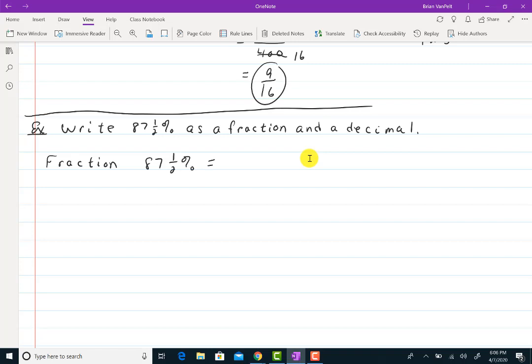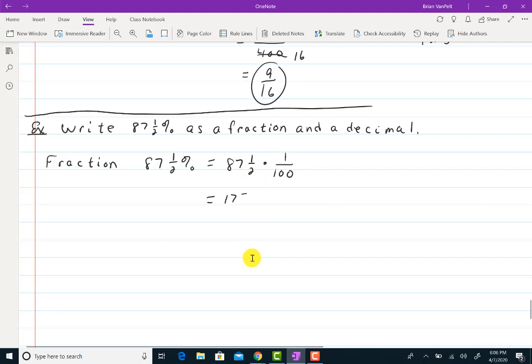So this 87.5%, I would think of it as 87.5 times, so the 1% was equal to 1 over 100. And then what I'm going to do is convert this 87.5 to a fraction. Multiply 2 times 87, you get 174. Plus 1 is 175.